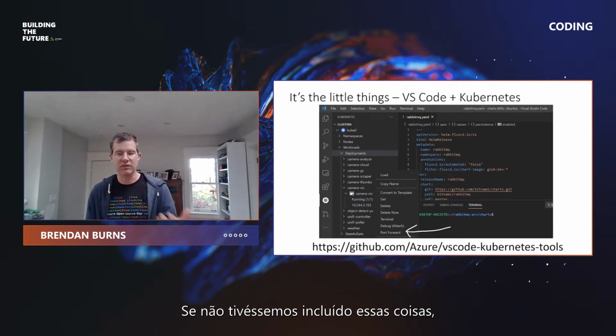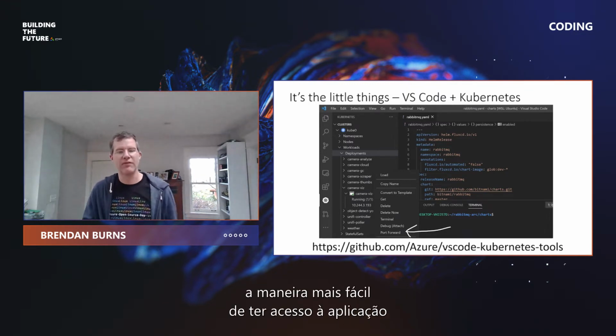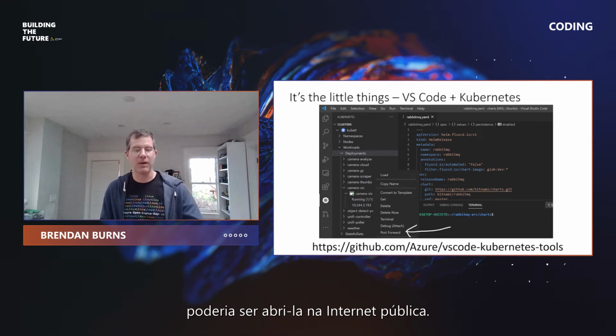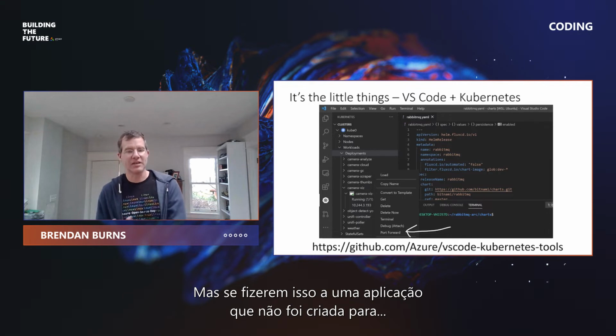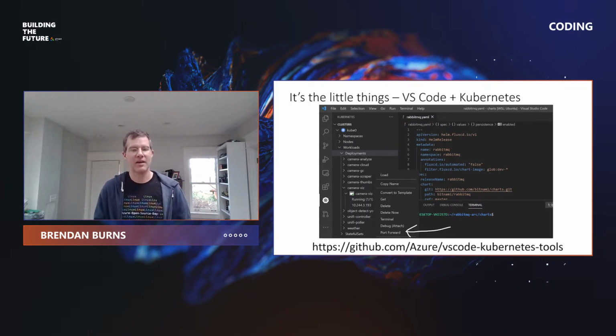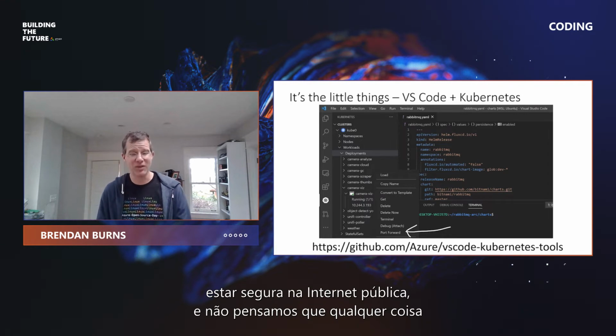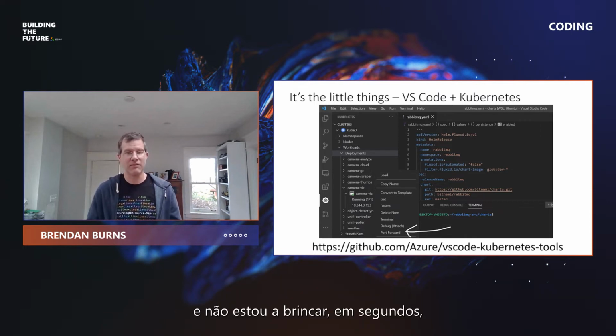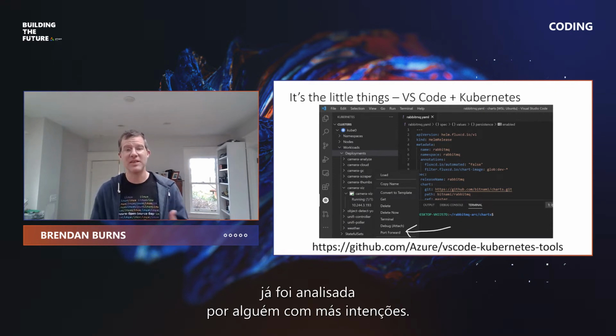Because if we hadn't built these sorts of things in, the easiest way for you to gain access to your application might be to just kick it up on the public internet. And if you do that to an application that really wasn't built for being secured on the public internet, or you don't think about the fact that when you put anything on the public internet, within a handful of seconds, and I'm not even joking about this, it's been scanned by someone with malicious intent.